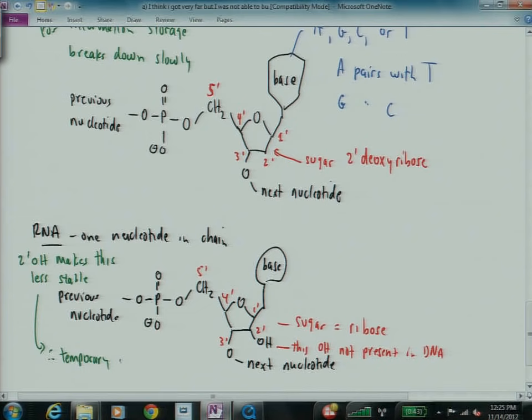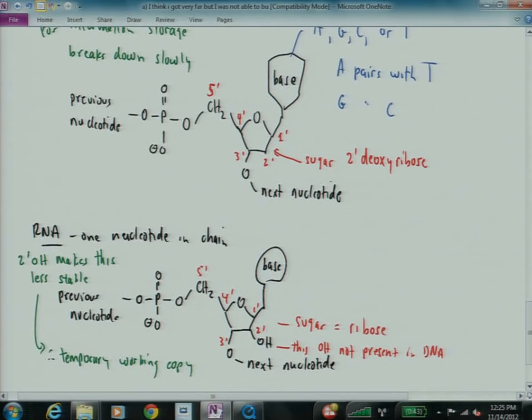That is, these molecules work the way they do because there's some chemistry of that little OH that's not present in DNA that makes RNA much less stable. And so it tends to fall apart, and you have to keep making it new. The reason for that is I don't want to be making all proteins all the time. And in fact, once I've made it, I might not want to make it again for a while. So you want to make the RNA go away. So RNA is a temporary copy.